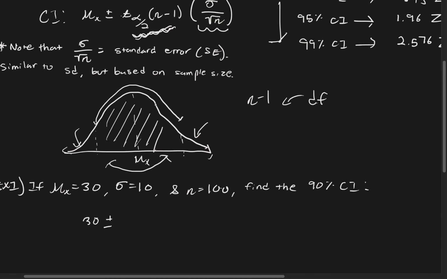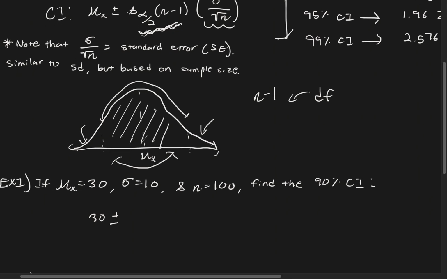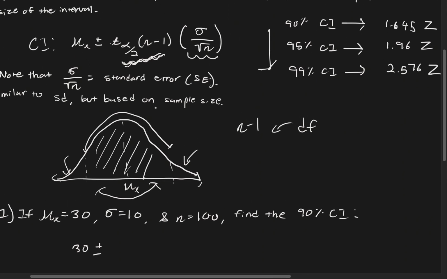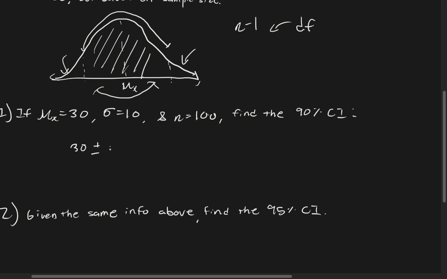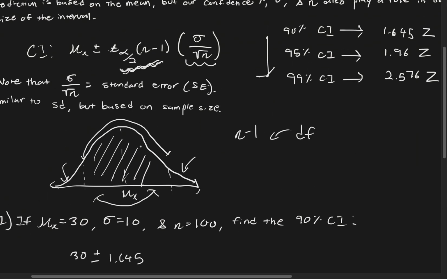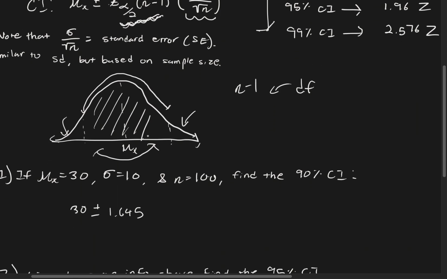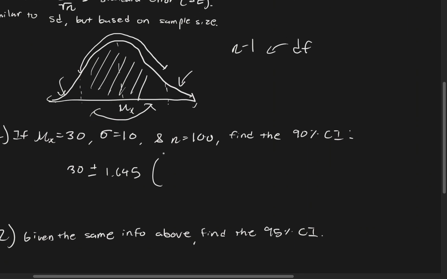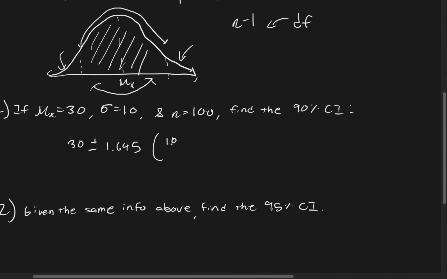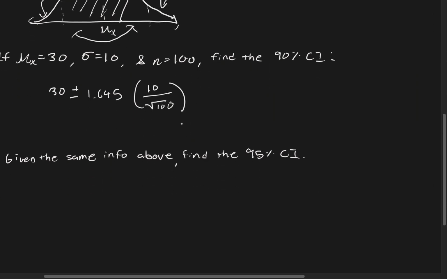Okay, so we have to find a 90% confidence interval, so 1.645, and then we're given a standard deviation of 10, and a sample size of 100, which we have to square root. So this part right here comes out to be 1.